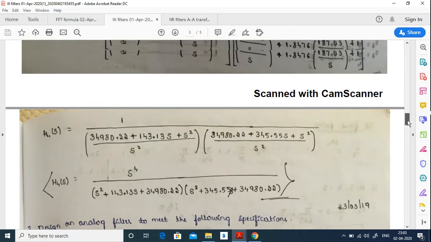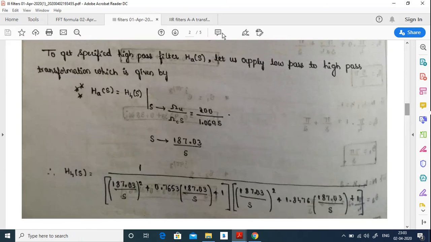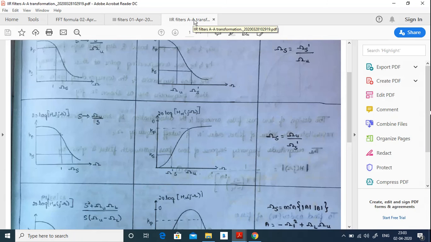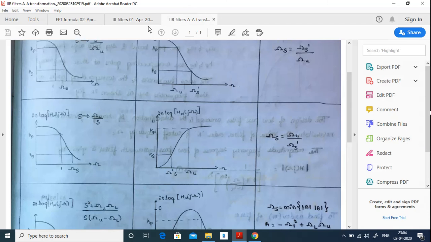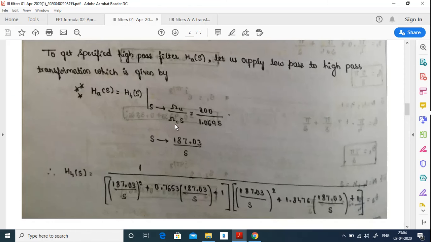There is one question here. In the last class I explained, if you want to convert a normalized low pass filter into a high pass filter, then what is the transformation I should use? S has to be replaced by omega u by S. Now did I use the same formula here? See here, there is a slight change, right? Omega u by S, which I have written here, right? But here I have included omega c as well.